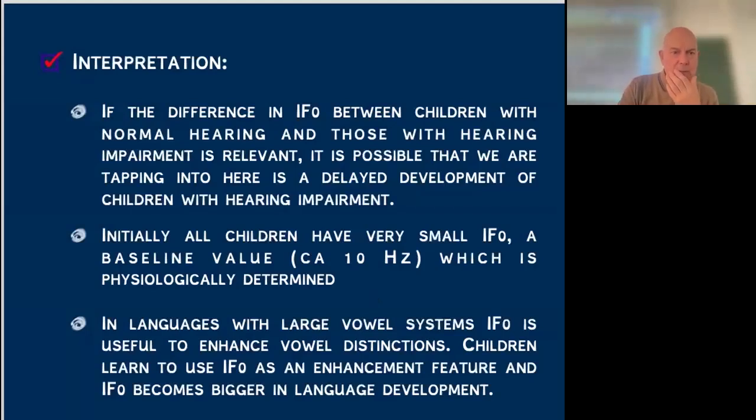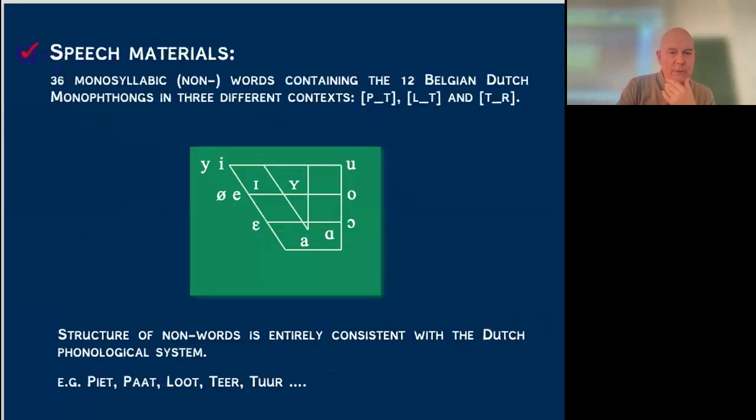I don't know whether you now remember the vowel system of Dutch, but let me show it to you. Here it is again. It is actually particularly here, that front closer area, that's particularly crowded in terms of vowel qualities. So U, I, E, U, and E, similar to French.